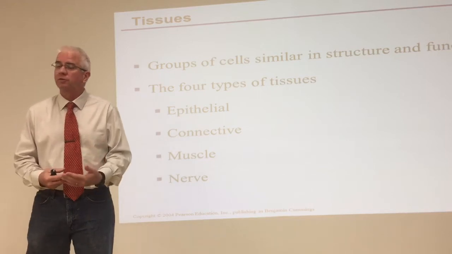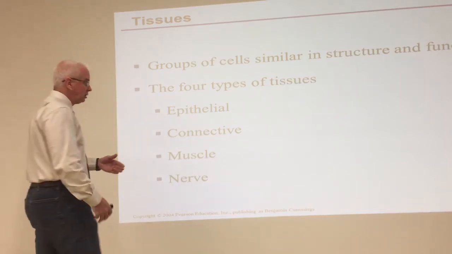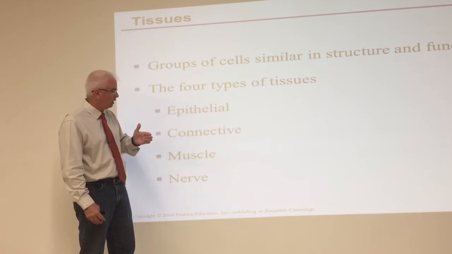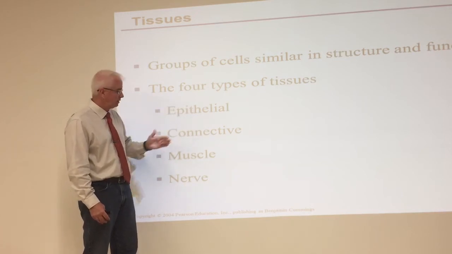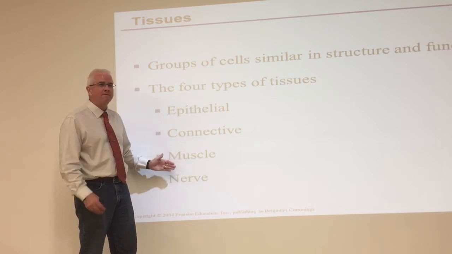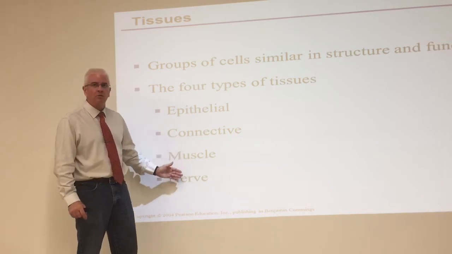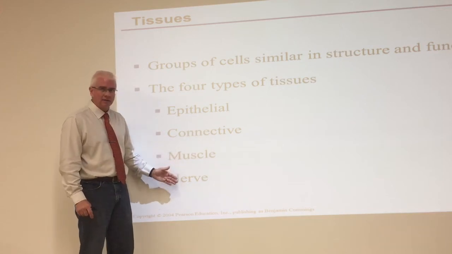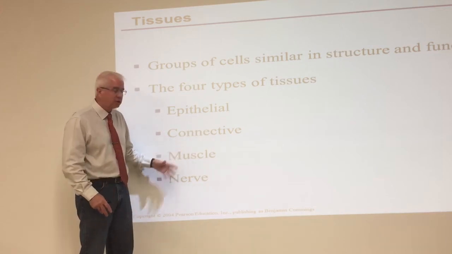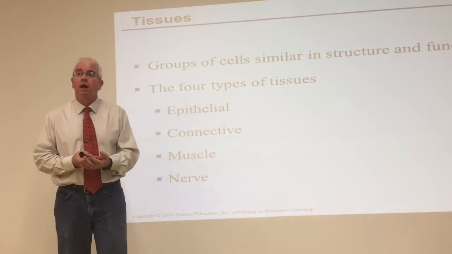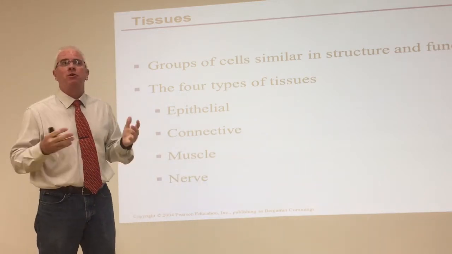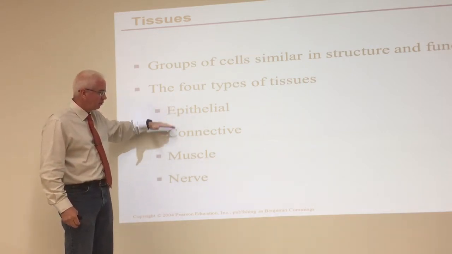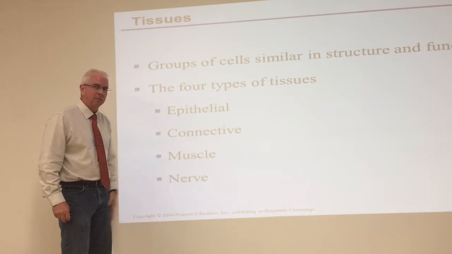What I will do with each of these is present characteristics of epithelial with examples, characteristics of connective tissue with examples, and then we will spend a very small amount of time on muscle and nerve, because this first half of anatomy and physiology will cover quite a bit of muscle and nerve. So we don't have to do all of that right now. The major emphasis will be on these two, with just a few observations about muscle and nerve.